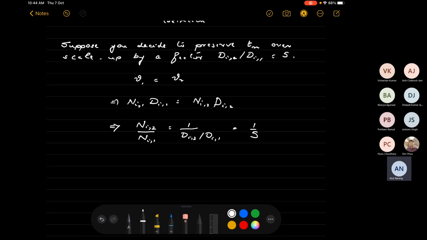But if I do this, then all the other things will not be preserved. But then none of the other parameters are preserved.